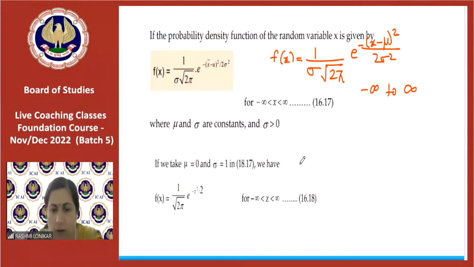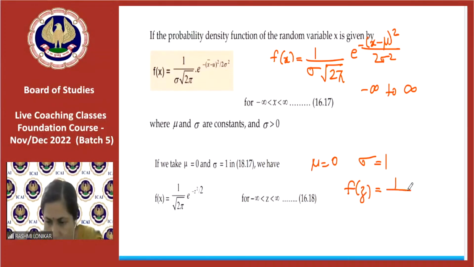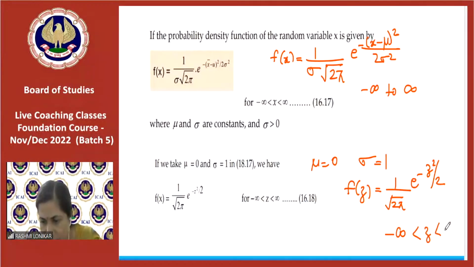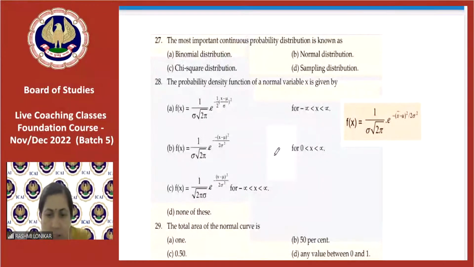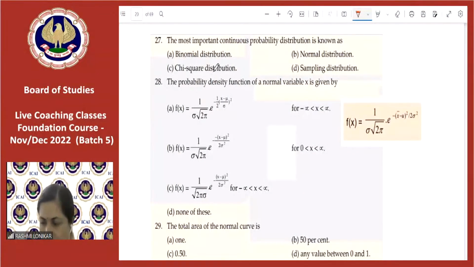Now if I put mu equal to 0 and sigma equal to 1, then I get f(z) equal to 1 upon square root of 2 pi, e raised to minus z square upon 2. The condition will remain the same: minus infinity less than z less than plus infinity.